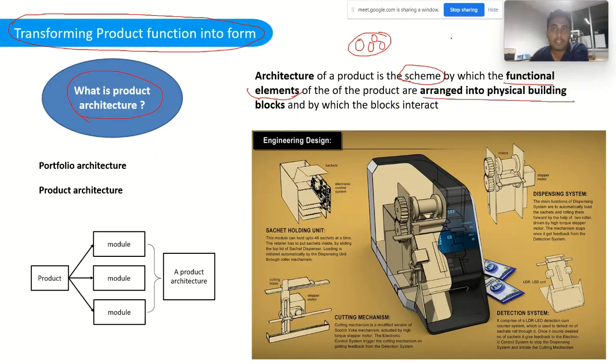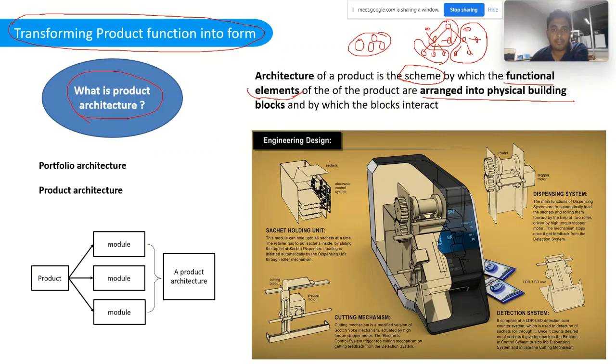That means in a particular functional tree or functional structure, you may have various relationships, various tree structures, but how you arrange or group them into particular physical building blocks, that's what defines the architecture of the product.